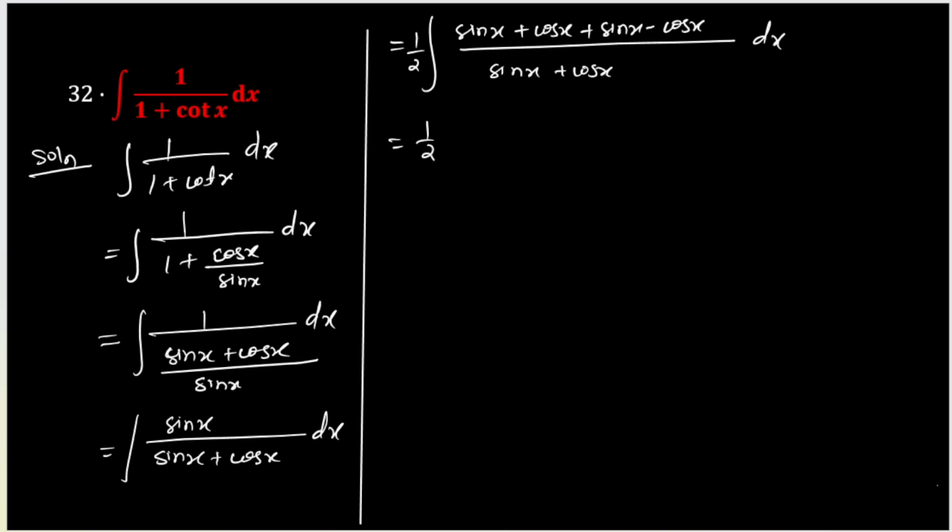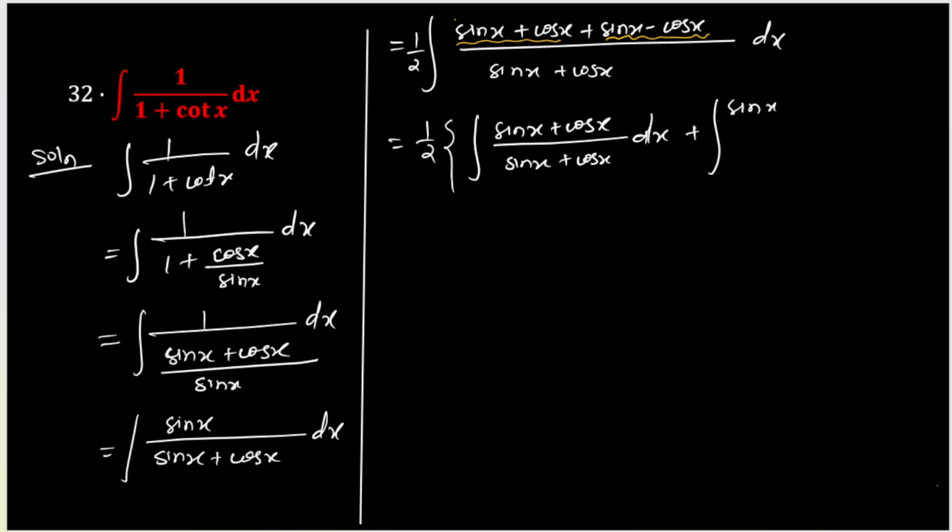So 1 by 2, and this integral can be written as the first term sin x plus cos x divided by sin x plus cos x into dx plus sin x minus cos x divided by sin x plus cos x dx.